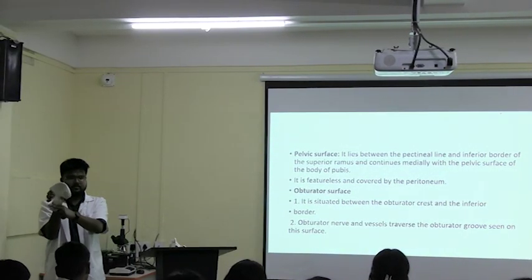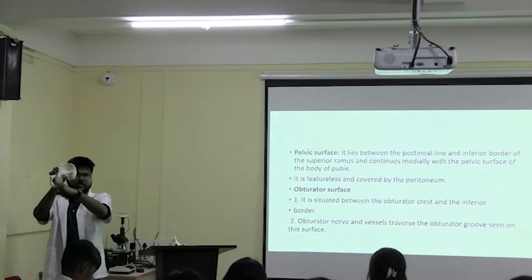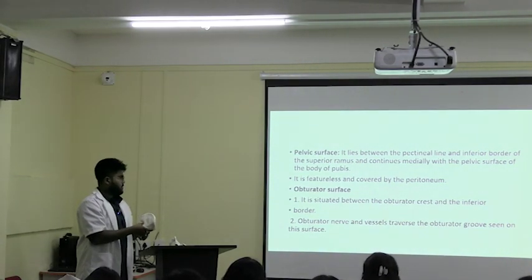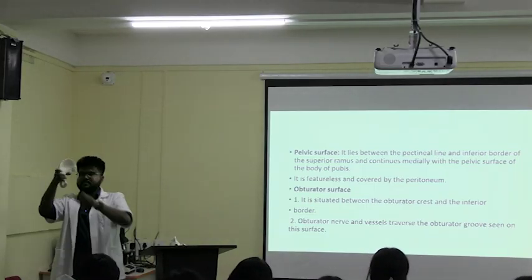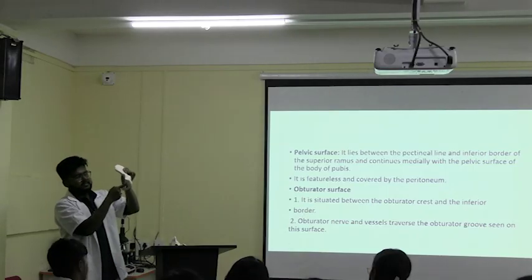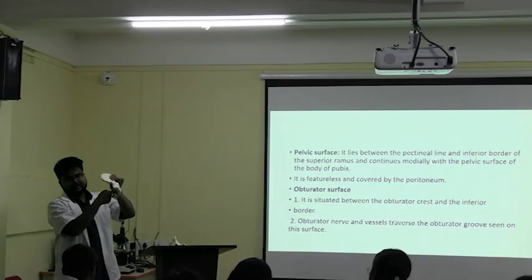And another is the obturator surface. In the obturator surface you can see one groove-like structure, where the obturator nerve and vessels pass through this groove.